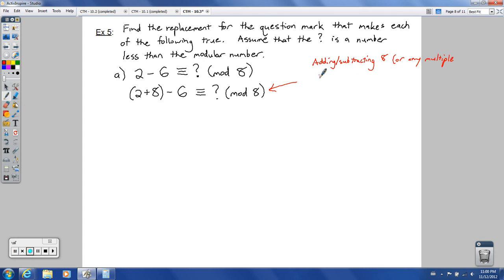So any multiple of 8 added to anything in modulo 8 is allowed, since it won't change the remainder.